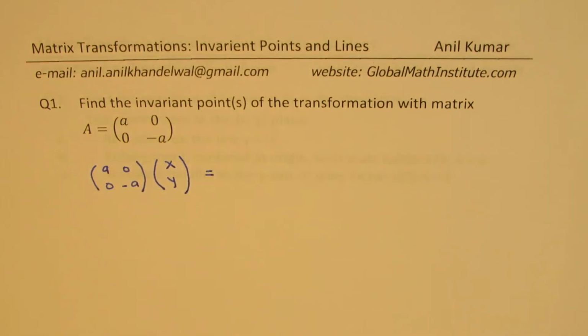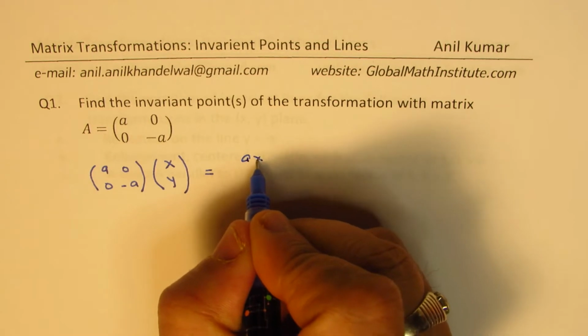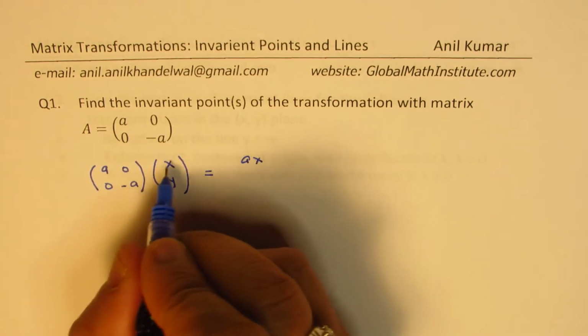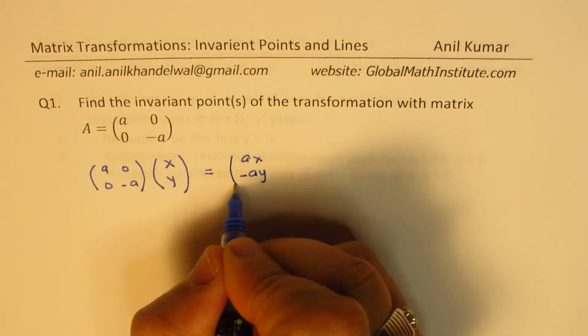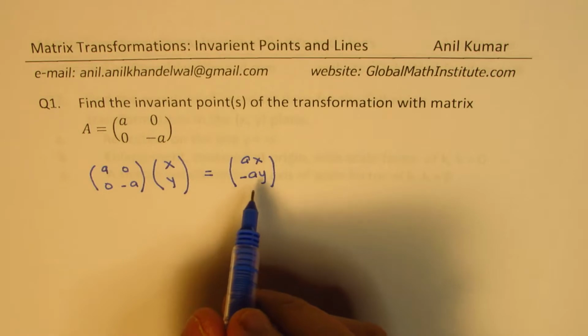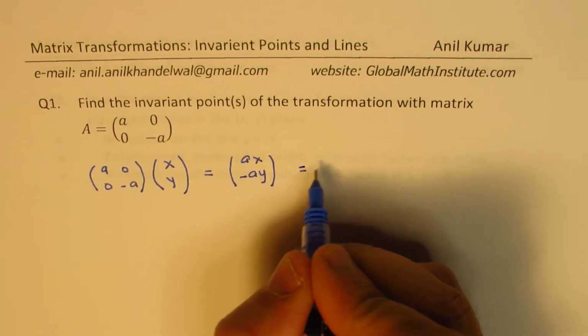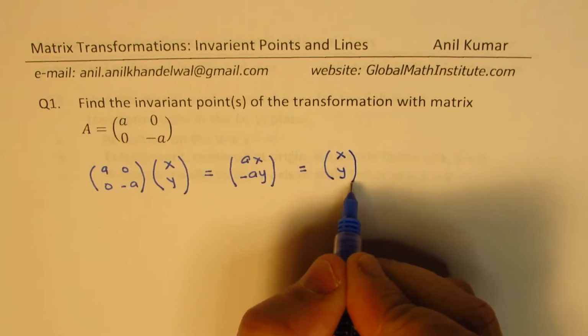So when you do this multiplication, what you get is AX, and in the denominator you get minus AY. Now for this to be invariant means you get the same point x and y after the transformation, correct?